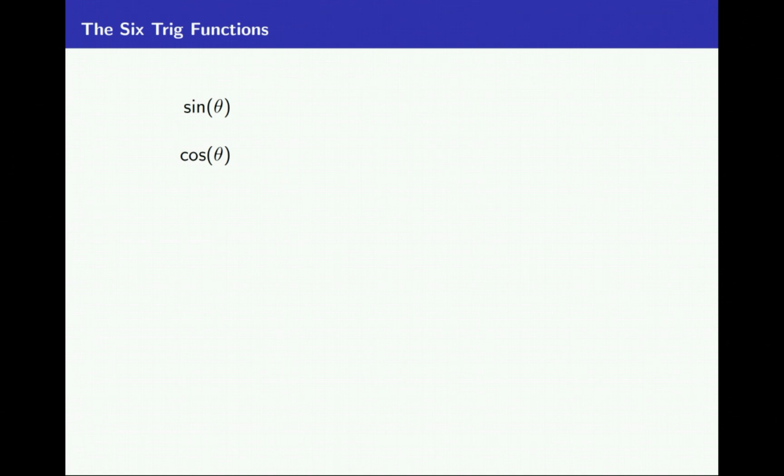There are actually 6 trigonometric functions. We've talked about sine and cosine so far today. Now the other 4 trig functions are each expressible in terms of sine and cosine. There's a trig function called secant theta that by definition equals 1 over cosine theta.